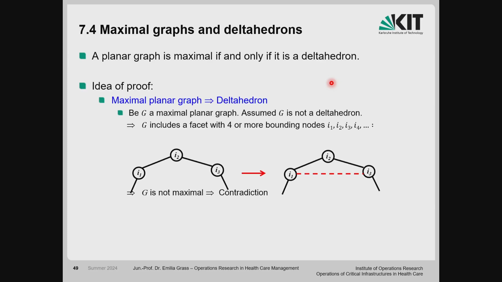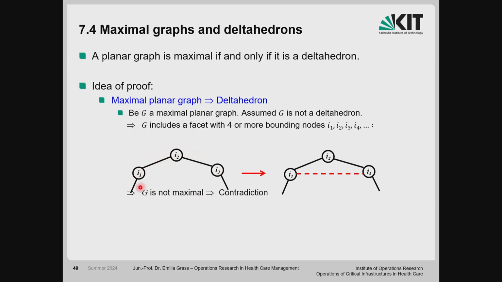Okay, and the idea of a proof, it's just a sketch. We want to show that if you have a maximal planar graph, then it has to be a deltahedron. So if G is a maximal planar graph, but we assume for now it's not a deltahedron, then, as shown here, you have a facet with 4 or more bounding nodes.